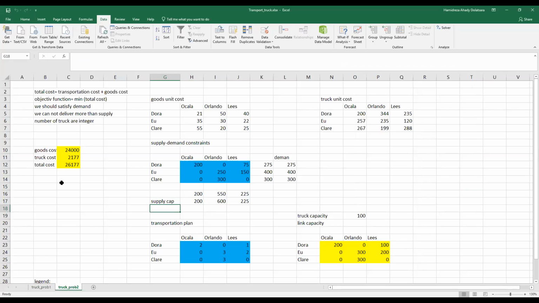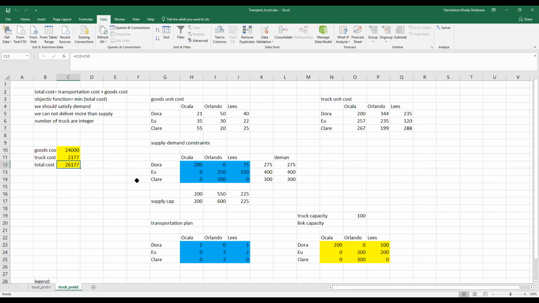Can anyone say what's the reason for that? Why, if we reduce the truck capacity, is our total cost more? Here the truck capacity is 300, here 100, but my total cost is more. The answer is very easy.